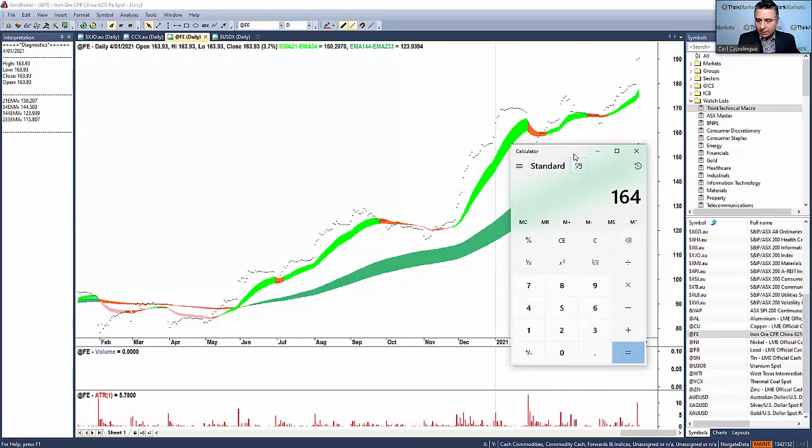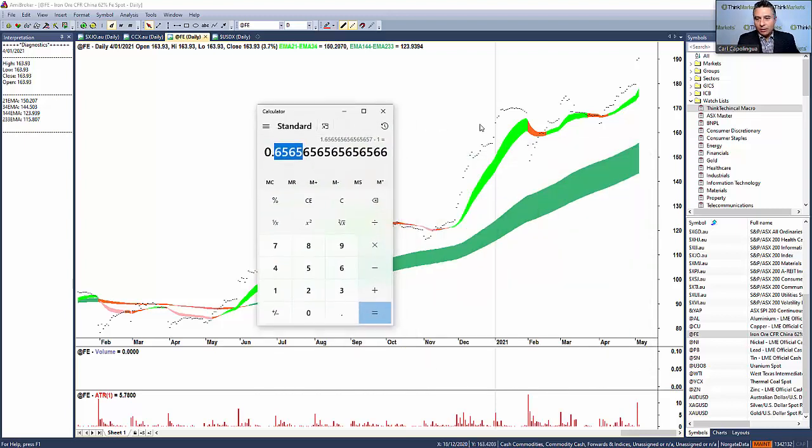So if we say 164 divided by 99 minus 1, that's a 66% growth in the iron ore price over a period where Fortescue demonstrated a 78% increase in its net profit after tax. So clearly the two are very, very closely tied together.